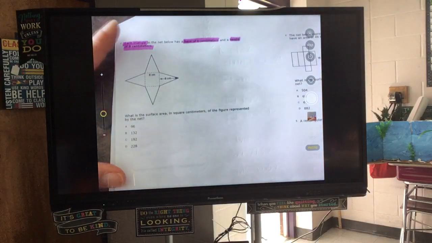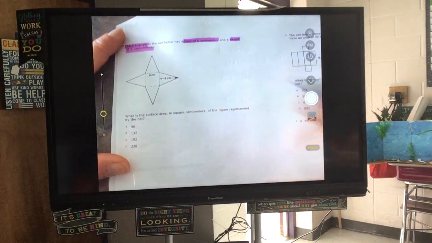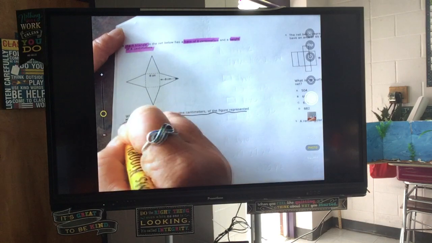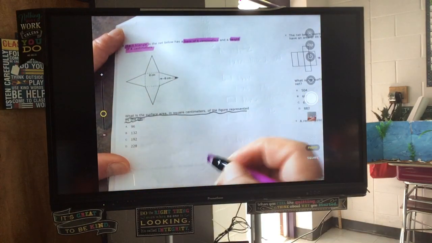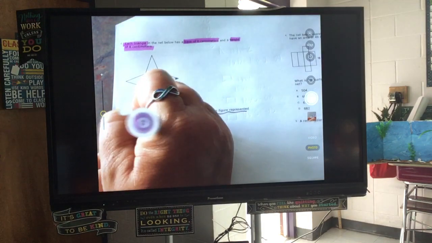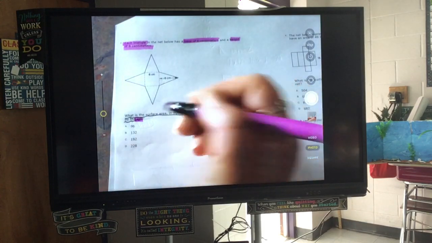All right, what else is important, Juan? What is the surface area in square centimeters of the figure represented by the net? Okay, and then there are 2 more things in that question that we want to highlight. In the net. So net, and then one other thing. Surface area. Yes, sir. Good job.